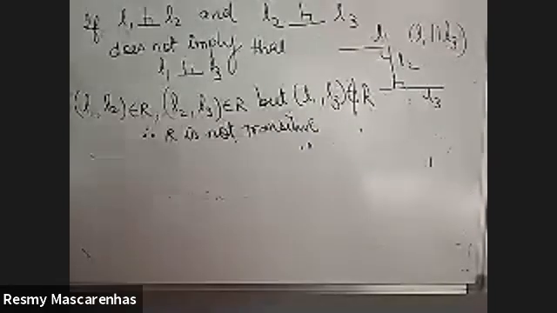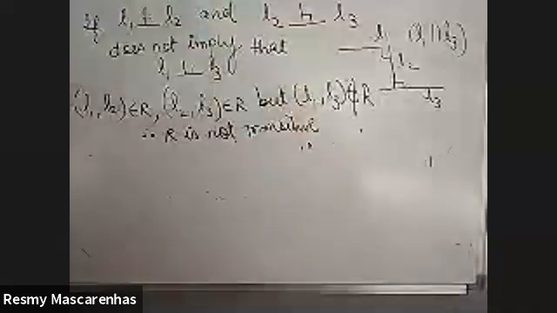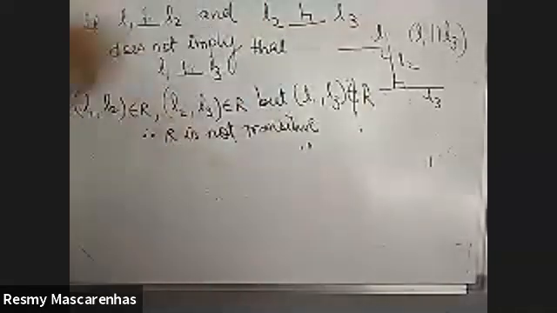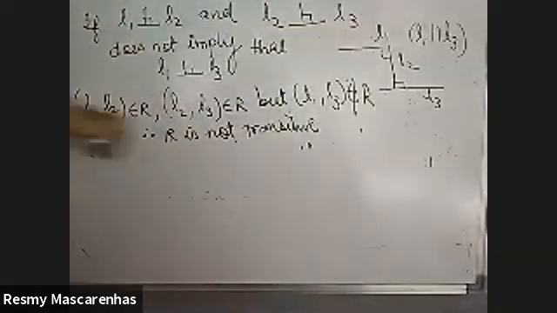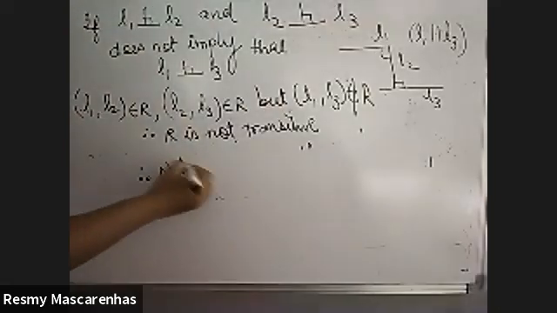L1 is perpendicular to L2, L2 is perpendicular to L3, but L1 and L3 are not perpendicular. So you have to put not belonging to that relation, not transitive. Therefore, not an equivalence.